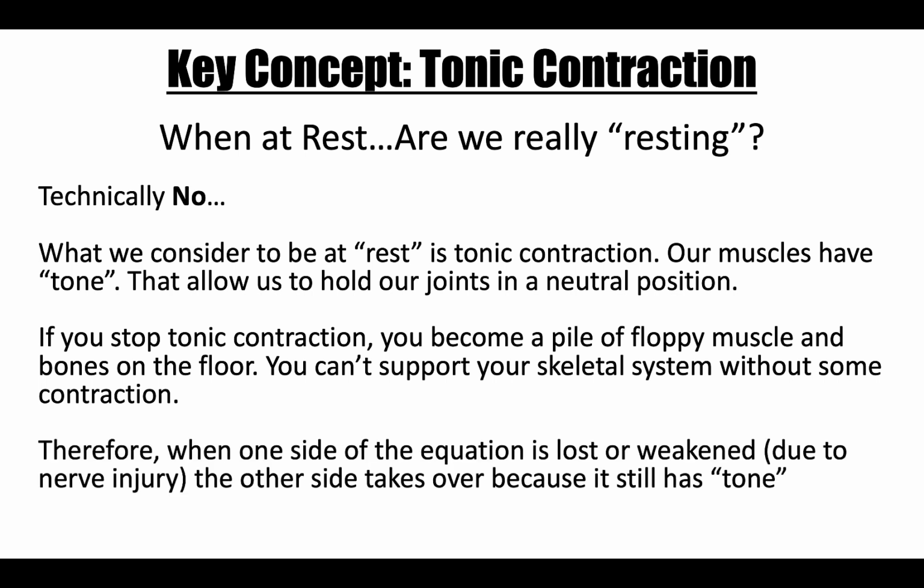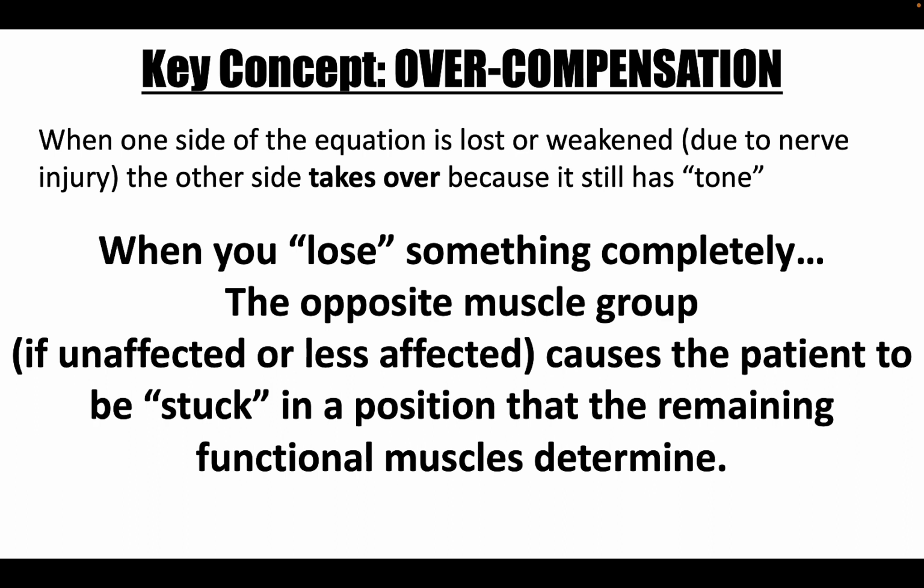Where this concept comes into play for us dealing with the brachial plexus injuries is that if you lose tone on one side because you have lost the nerve's function that innervates the muscles that do that action, then the other and opposite side will still have tonic contraction and therefore will pull your body at that joint into the opposite position, the one that still functions. This is considered overcompensation. The side that still has tone is overcompensating for the injury and pulling you into this other position.